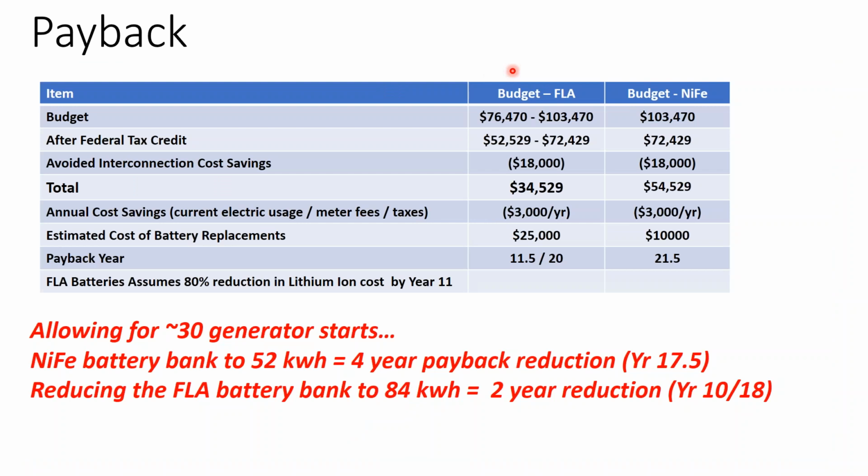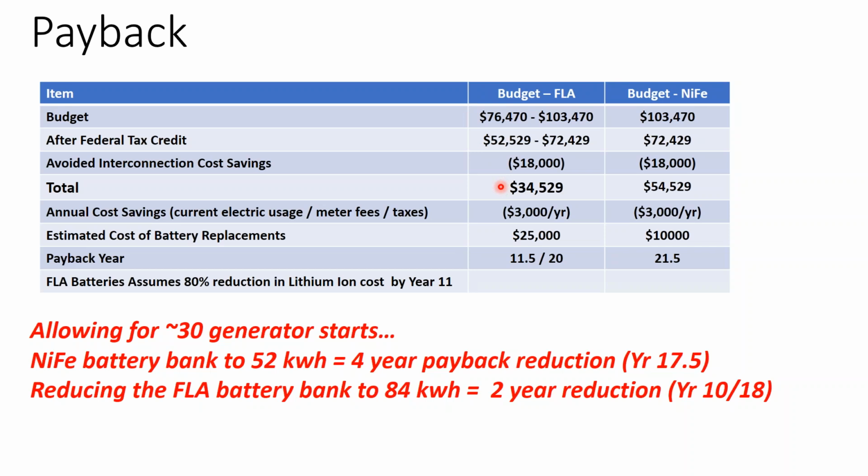Looking at his payback, he gets that 30% federal tax credit. And then on top of that, the utility was going to charge him $18,000 to bring power out to the property. And so between the avoided cost savings of avoiding that interconnection and then taking the 30% off from the tax credit, that means he has to recoup about $35,000 to get his payback.